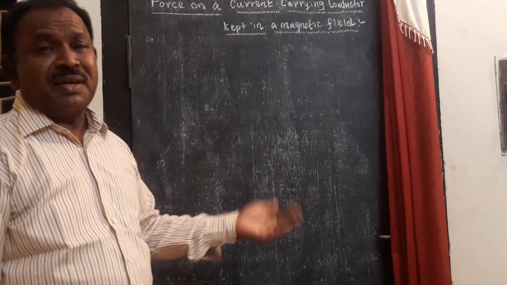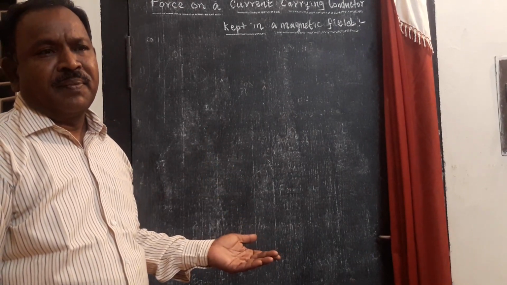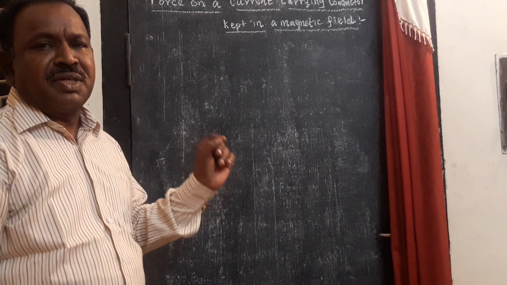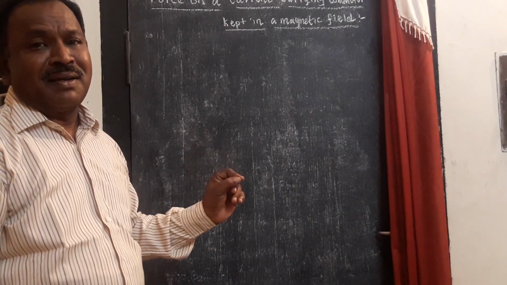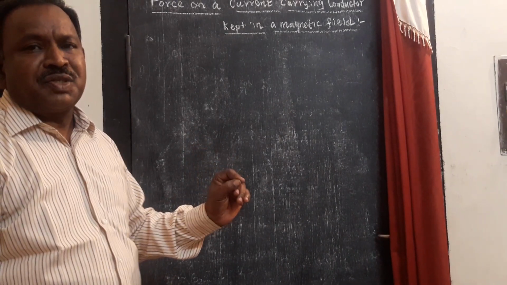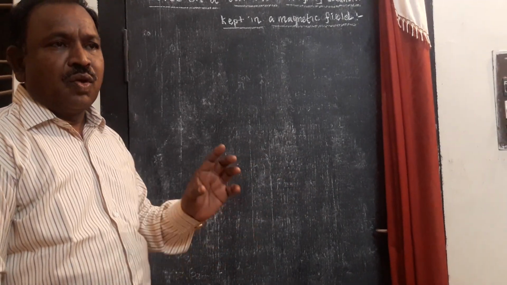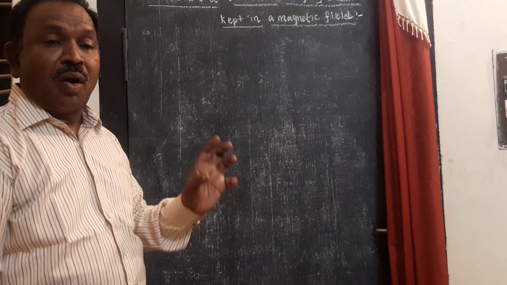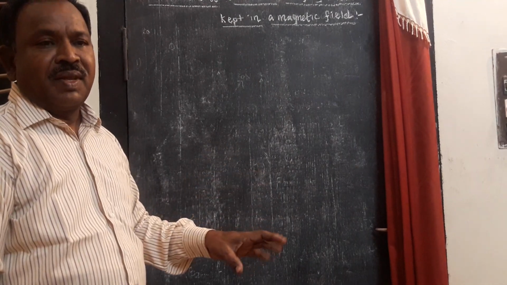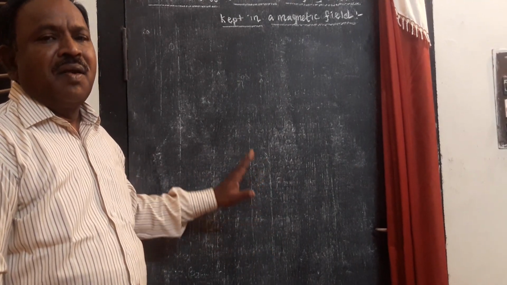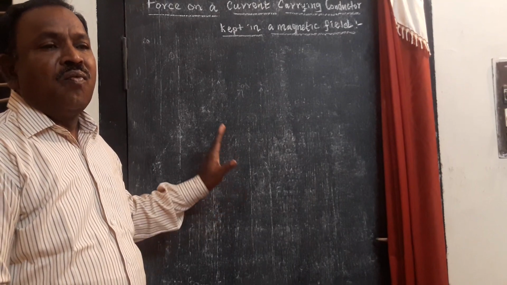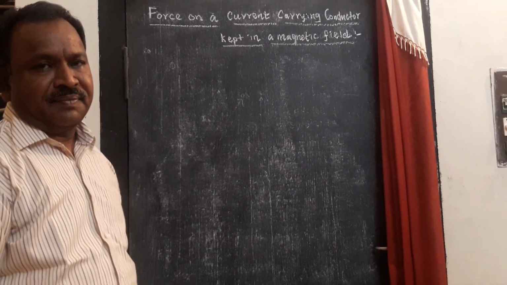When such a conductor is kept in a magnetic field, every charge that moves in the conductor will experience a magnetic Lorentz force. So the total force on all the charge carriers in that conductor will give the force on the conductor.